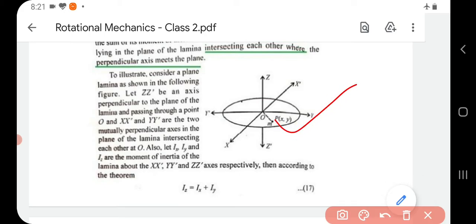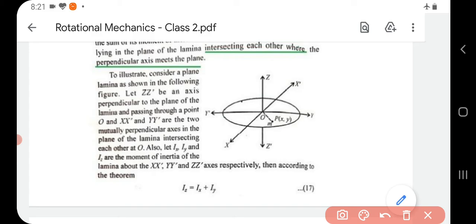Now let us study the proof. Consider a rigid body. Here you are considering a plane lamina. It is just a plane, a reference plane. Let z dash be an axis perpendicular to the plane of the lamina and passing through a point O. As already said, z dash is an axis perpendicular to this plane, passing through the center O. Now, here you can see two more axes, xx dash and yy dash.